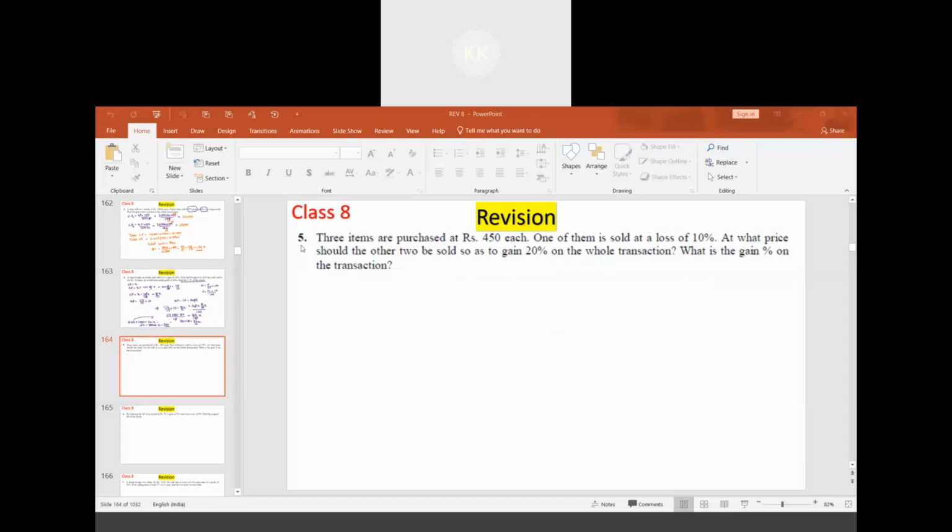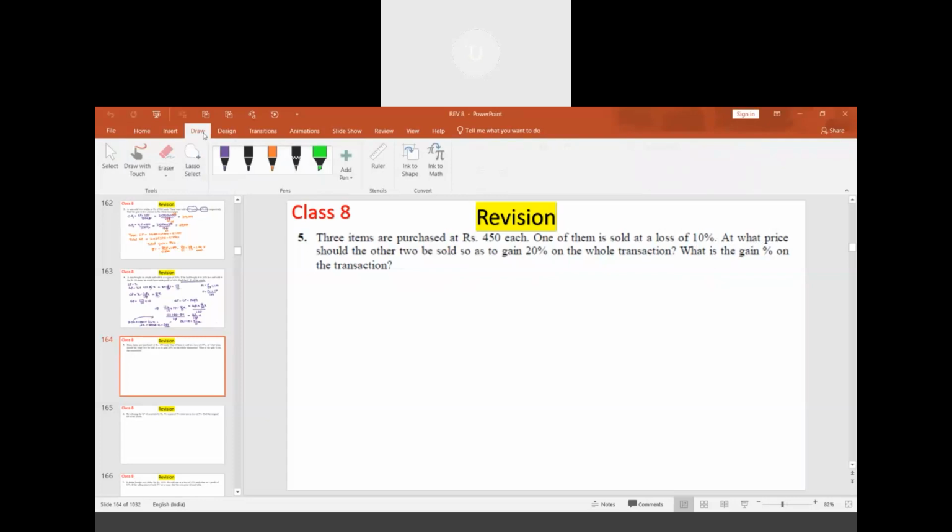We can first find the SP of one item, the one that is sold at a loss percent of 10. We can use the direct formula since they have given the loss percent.